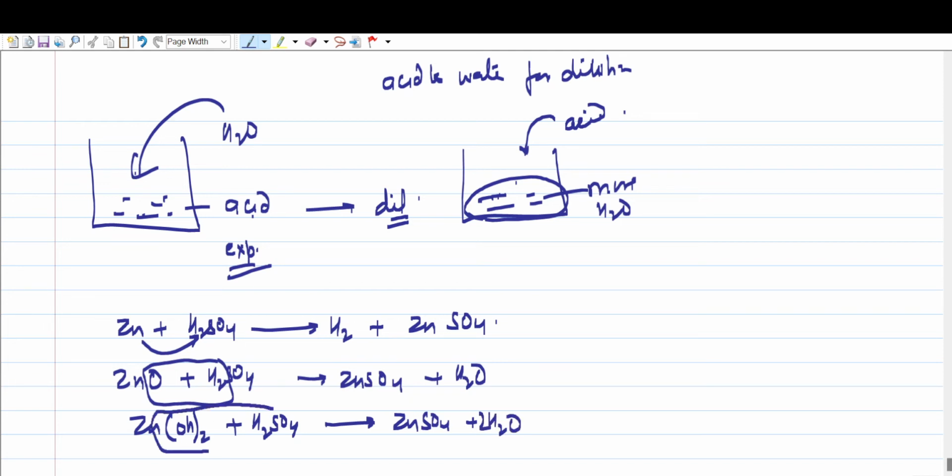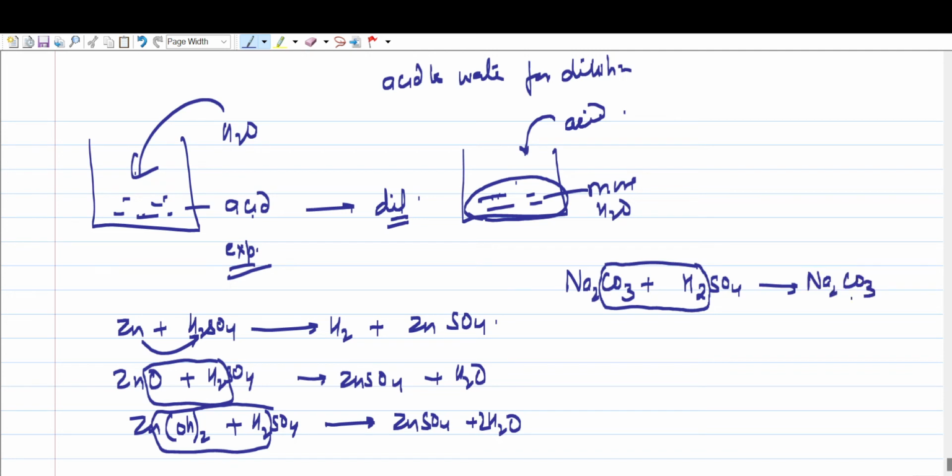Okay, is this clear? So if you take any carbonate salt, suppose you take sodium carbonate, this combines with sulfuric acid H2SO4, you will get Na2SO4 plus H2CO3, which will break into water and carbon dioxide. Okay.